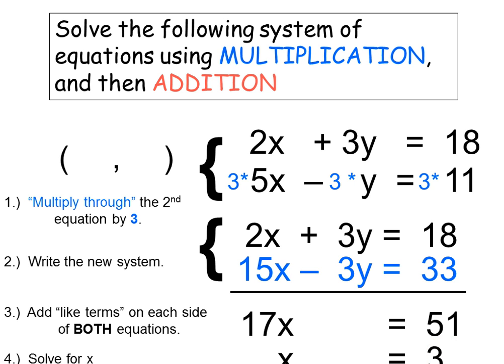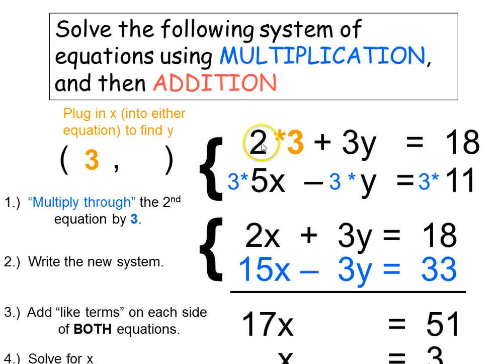Now that we know that x is 3, so our x coordinate is going to be 3, we have x comma y. We take that 3, plug it in for x into either of the equations we want to, and solve for y. So I'm going to plug it into the top equation and make this x a 3, because x is 3 as we just found, and then solve for y.